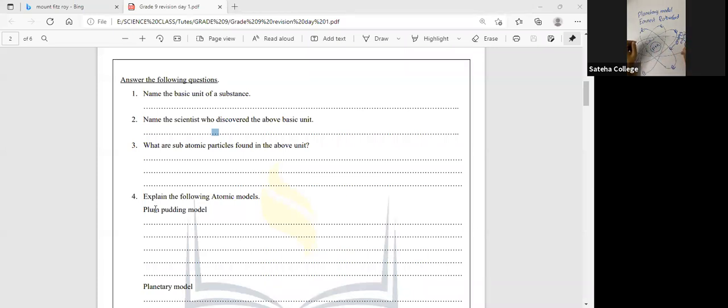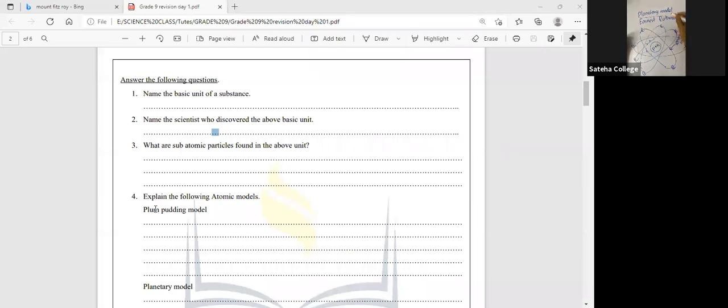You know what revolving is, right? What is revolving? Rotating. If you have something and it is going around, we call it revolving, right? And they told the electrons are revolving around the nucleus in energy orbitals.